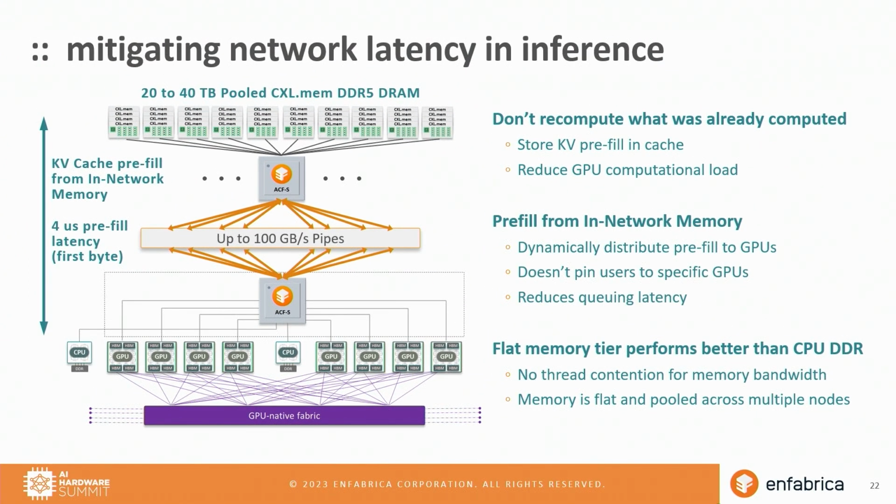It saves the recomputation of this in the GPUs and reduces the GPU computational load. It dynamically distributes this to the GPUs and reduces the queuing latency of requests. And this flat tier performs better than storing that data in CPU DDR because the memory is flat and is pooled across multiple nodes.